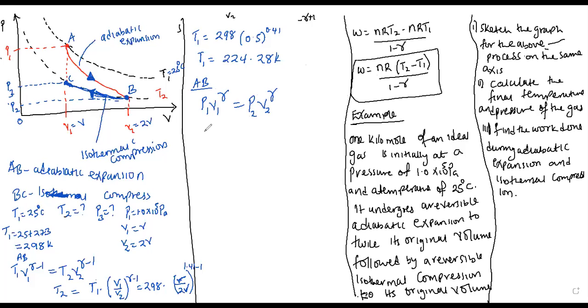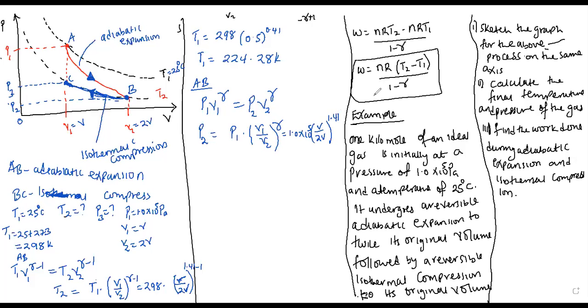So we need to find pressure P2. P2 would become P1 times V1 over V2 to the power gamma. The initial pressure was 1.0 times 10 to the power 5 into V over 2V to the power 1.41.